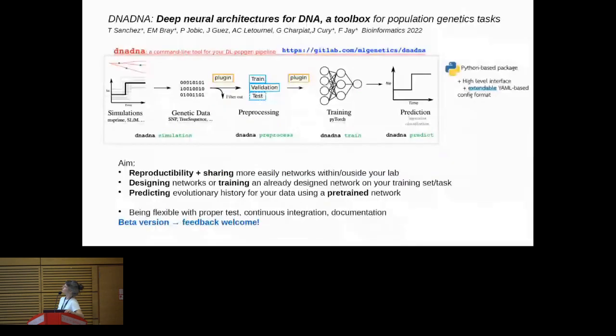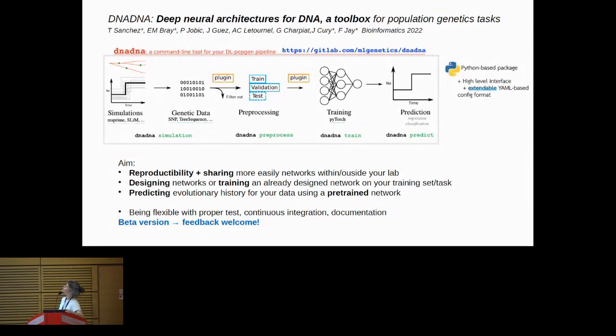And so we spent some time in the lab developing a tool that we hope can help the community to benchmark and share networks more easily, because there are many papers out there and it's not always easy; sometimes you have to reconfigure the network so that it's really applied to your task or to your data.